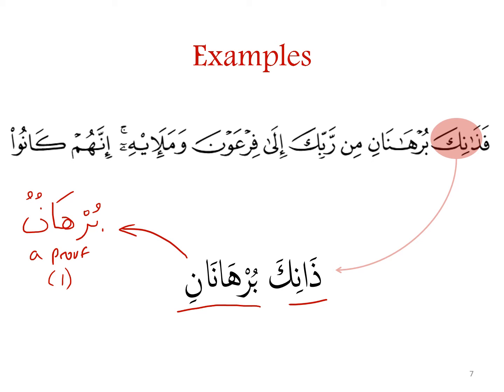Now because Allah Ta'ala is referring to two proofs, it's in the muthanna or dual form, which means the ani ending has been added. And because there's an ism ishara referring to it, instead of dhalika, we use dhanika, the dual form.